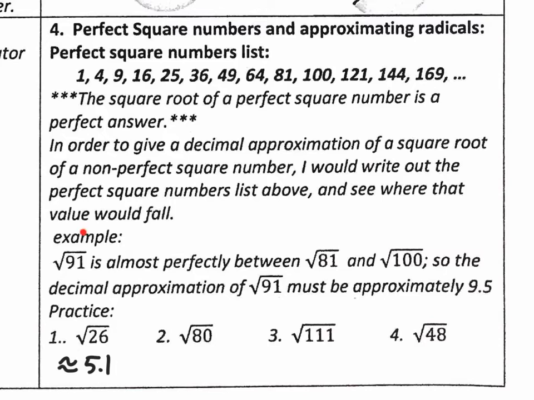Now, let's look at this example that I actually wrote out and gave you the answer to. The square root of 91. Where the heck's 91 at? Well, 91 would be almost perfectly between 81 and 100, right? 91's 10 away from 81. 91's 9 away from 100, so it's almost perfectly in the middle. You guys agree with that? Okay, so what would that decimal approximation be?